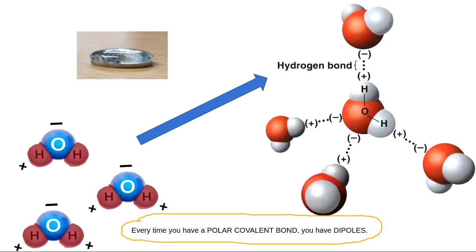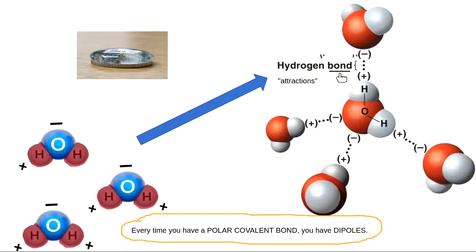I kind of like to put the word bond in quotes. Hydrogen bonds, what might be a better way to think about them is hydrogen attractions. We don't actually share electrons. We don't actually transfer electrons.